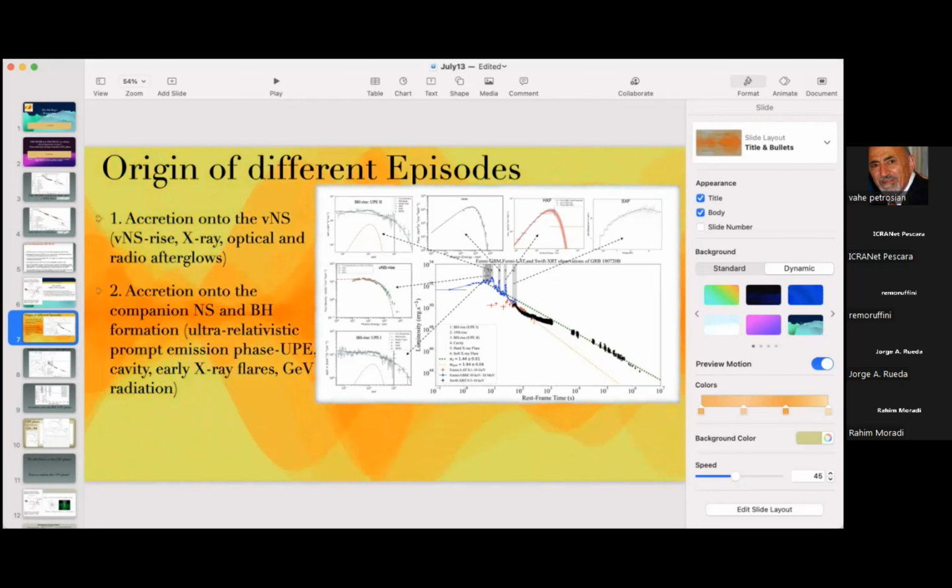The X-ray flare, the gamma ray flare, and the X-ray afterglow. You have 7 different seals, events, characterized by spectra. Okay? Plus 2 afterglows, X-ray, optical, and GeV radiation. So this is a typical BDHN.